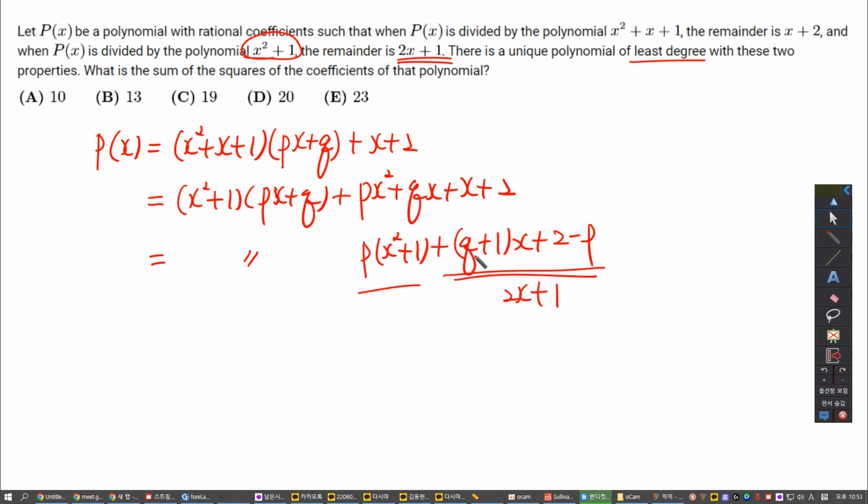And that means q is 1 and p is also 1. So we can put these values. Now we can construct this p of x.